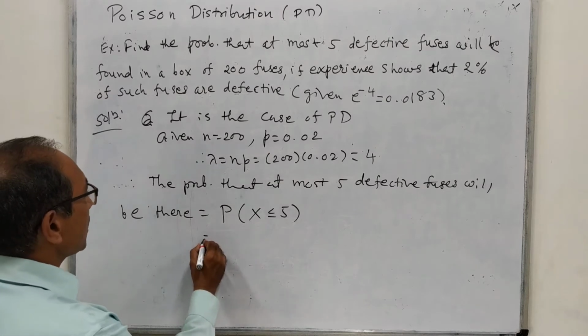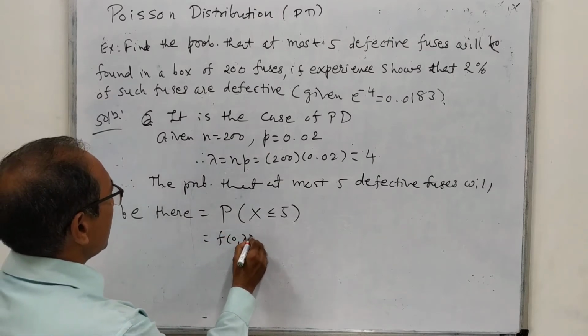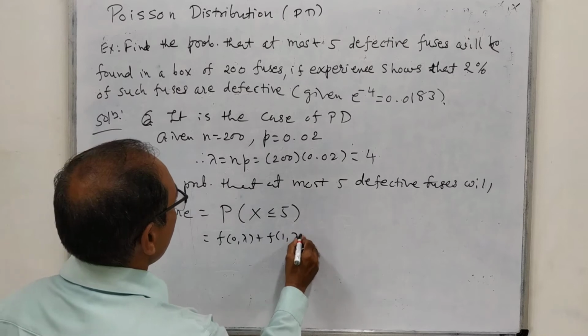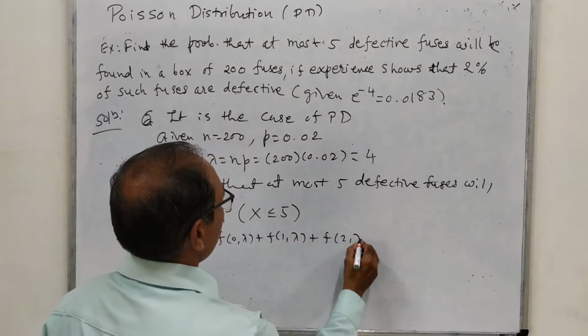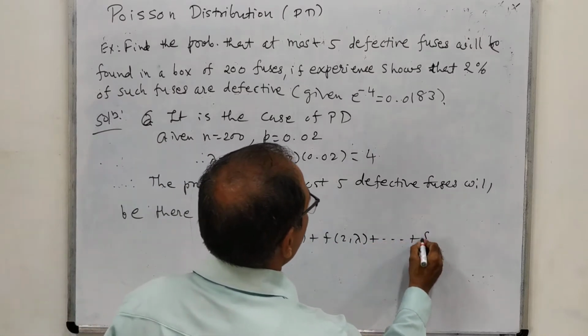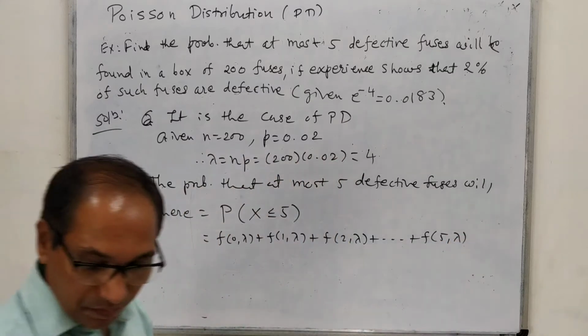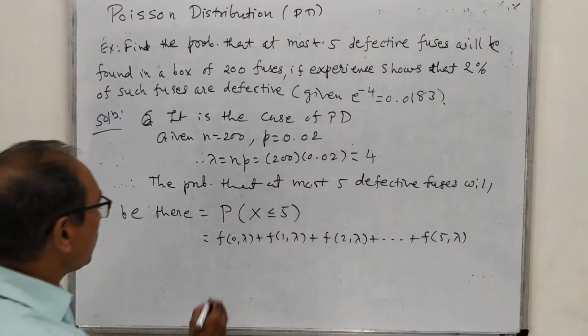So this is nothing but f of 0 lambda plus f of 1 lambda plus f of 2 lambda plus f of 3 lambda plus f of 4 lambda plus f of 5 lambda. So this type of probabilities we require to find out.